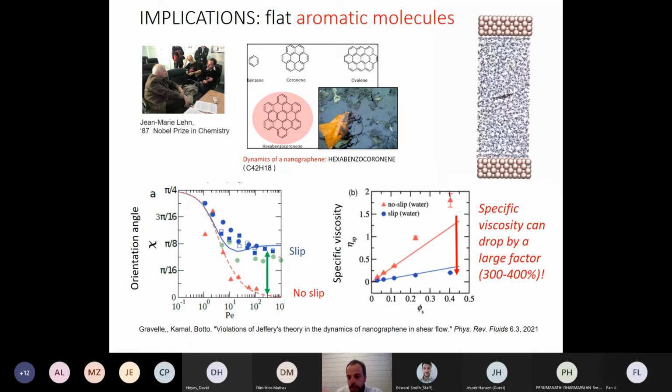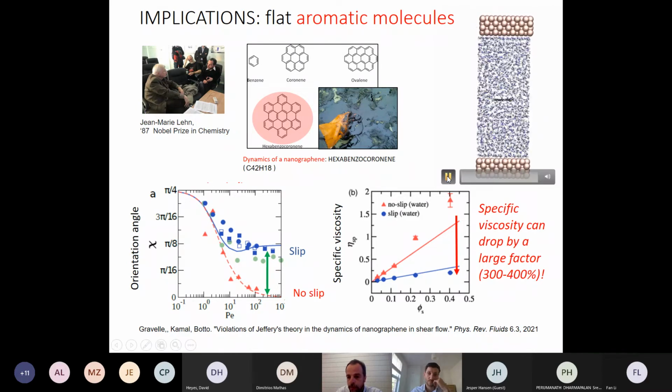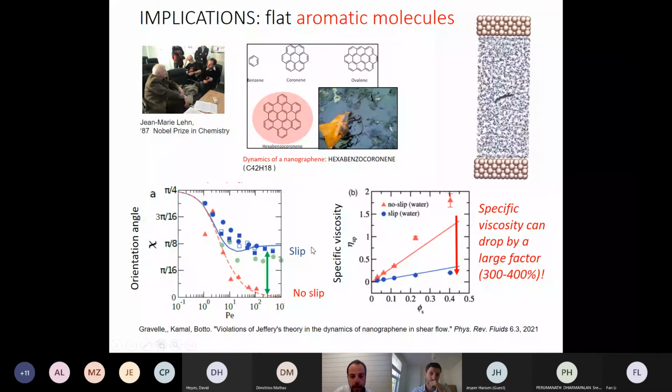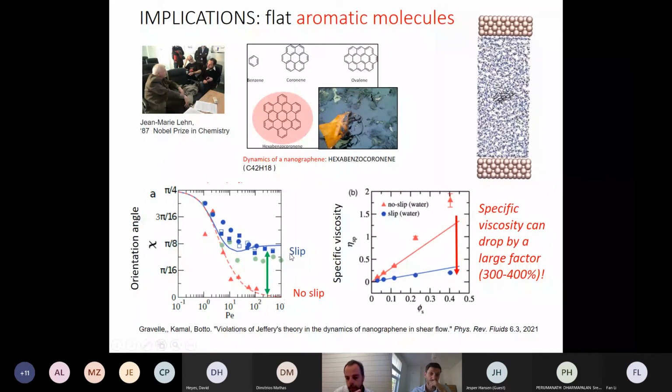So we have a three-dimensional disk, which is free to move out of the plane of the flow, so we have truly not constrained the dynamics of the particle. We found very good agreement at the qualitative and semi-quantitative level between our theory, which is semi-2D, and the simulations.